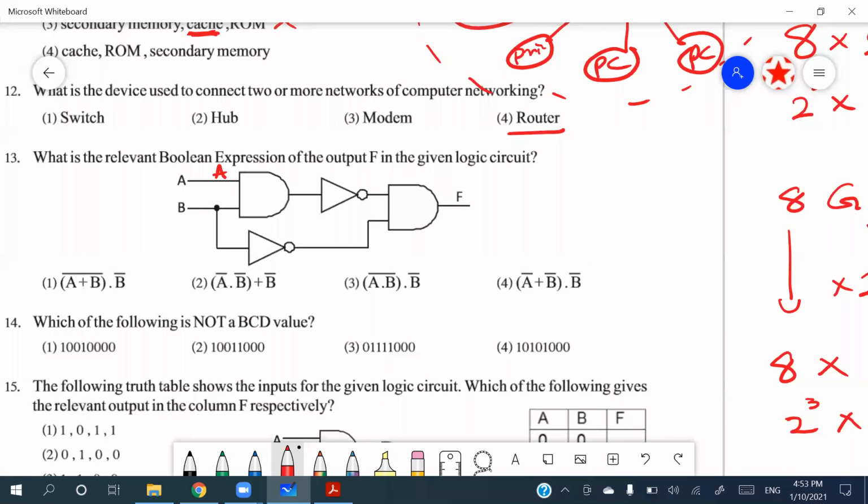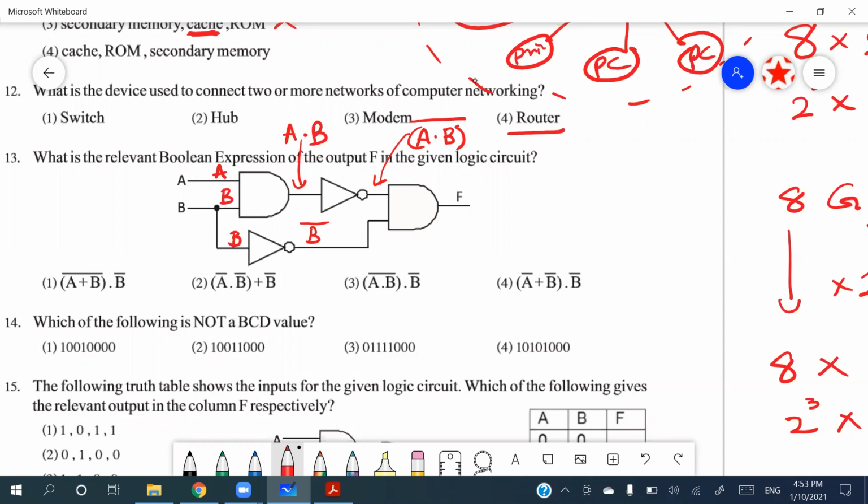If this is B, you are going to receive B over here as well as B over here. So then this is going to be A dot B. Then this is going to be B bar. And this is going to be, carefully, A dot B total bar from the above, right?